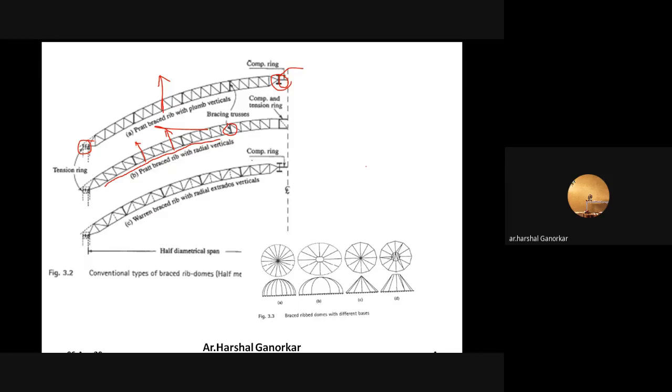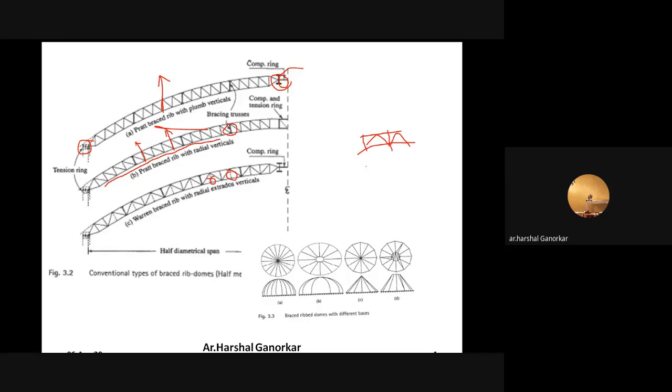Again, in one type we have seen it without vertical support, so this would not be there. It would be like this only. And again, in another portion, with vertical member radial, that is another type.